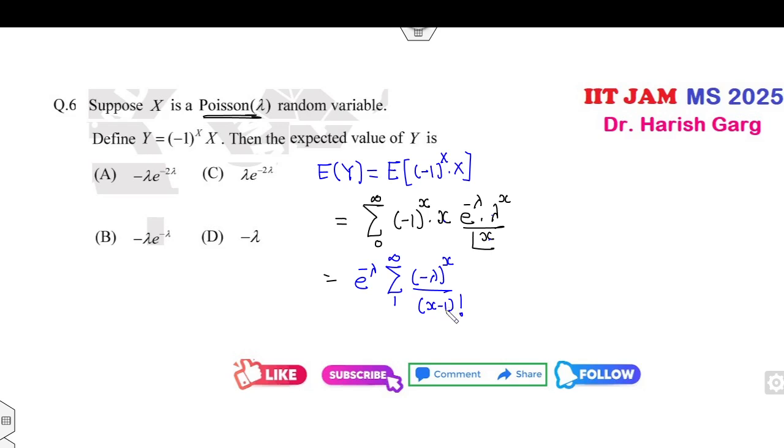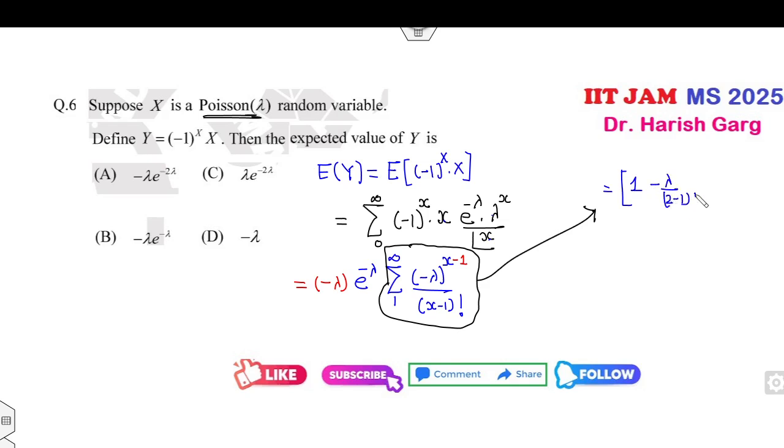Now it is x minus 1. I can multiply with minus 1 and divide by minus 1, so that will be minus lambda. Can you find the series? This is again the exponential series, because if you open this bracket, when you substitute 1, when you substitute 2, it is 1 over 2 minus 1 factorial and so on.